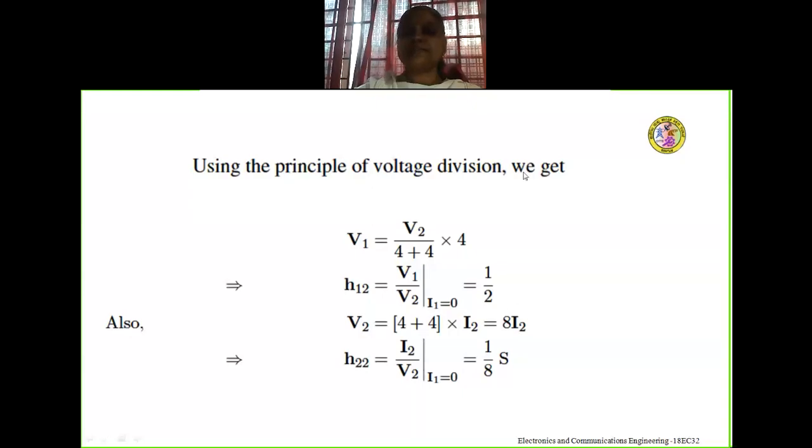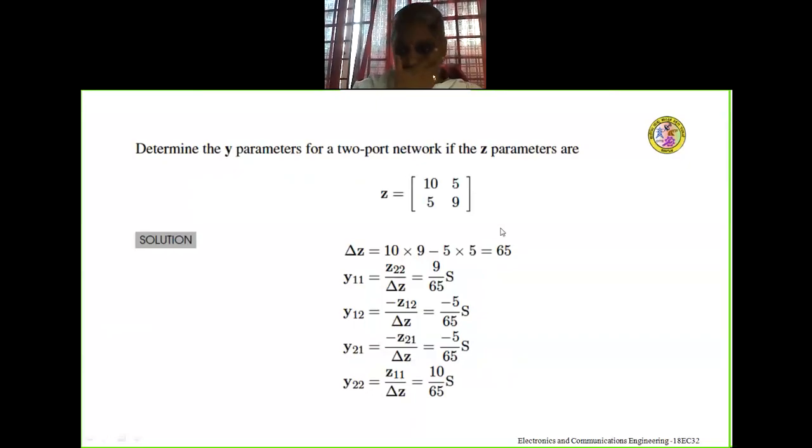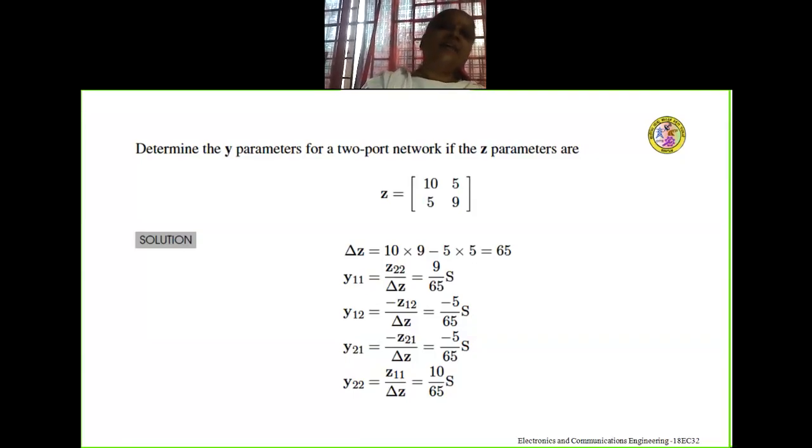So the next problem is to determine Y parameters for a two-port network if Z parameters are 10, 5, 5 and 9. Here Z parameters are given and we need to find Y parameters. One way is we can take its inverse, or another way is by using the relation between Z and Y parameters.